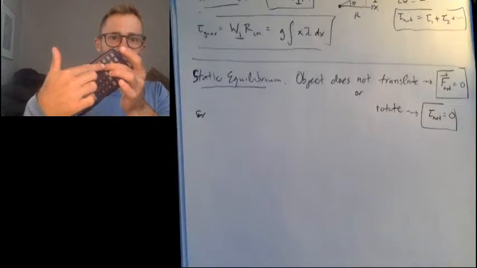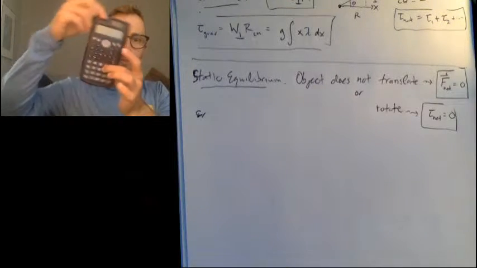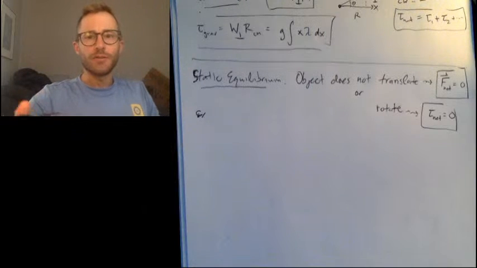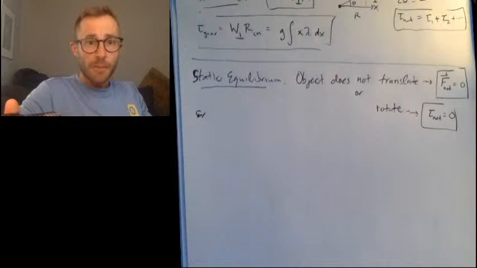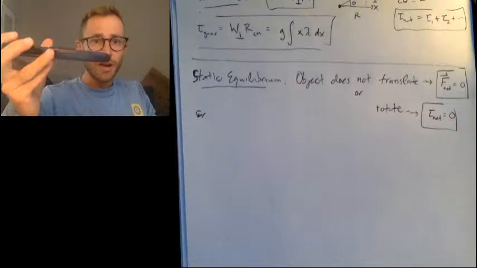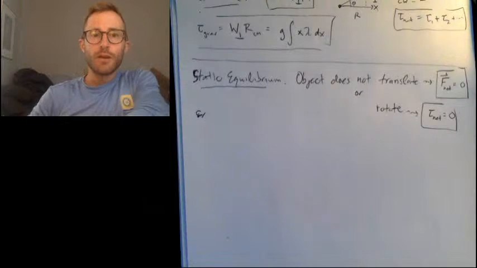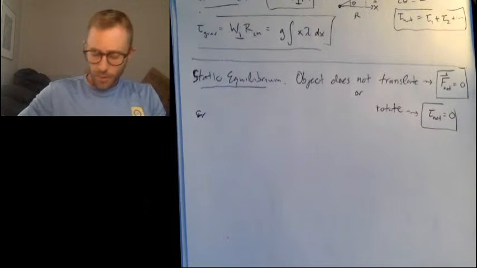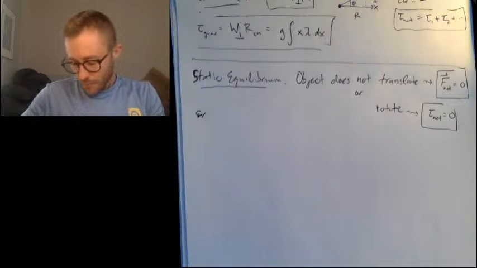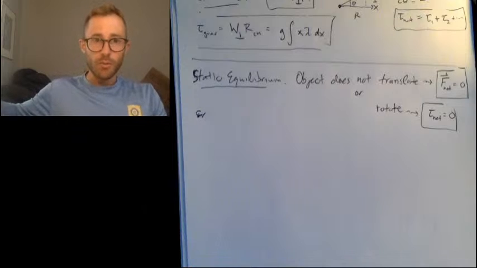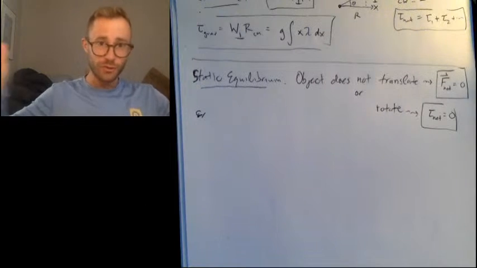If you look at my finger right here, that part of the calculator is not moving as it rotates. But if something is in static equilibrium, every point is the pivot point because every point is not moving. So you can choose the pivot point to be wherever you want it to be. You just choose the pivot point to be any convenient spot.